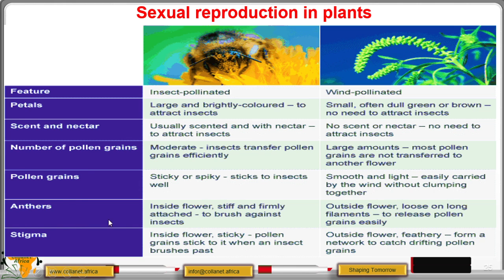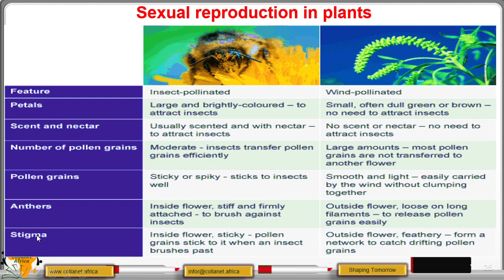In the case of anthers, the anthers are within the flower and they are strong and firmly attached so that they do not break as the insect brushes against them. But in wind-pollinated flowers, the anthers occur outside the flower. They are loose and long, as they have loose and long filaments to release pollen grains easily.